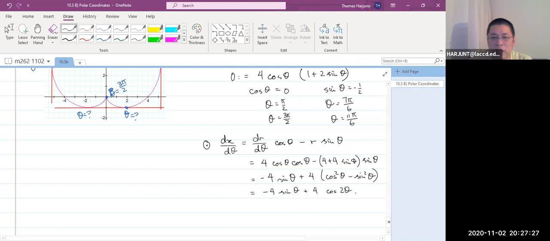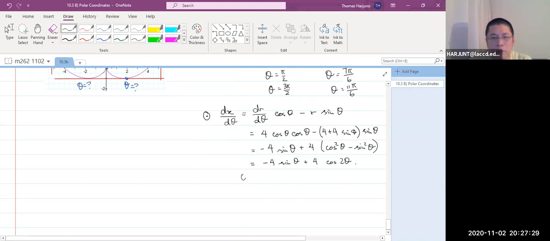Now I will set this equal to 0, so that basically I want dx d theta to be 0. I end up having cosine 2 theta equals sine theta. Do you know how to solve this?